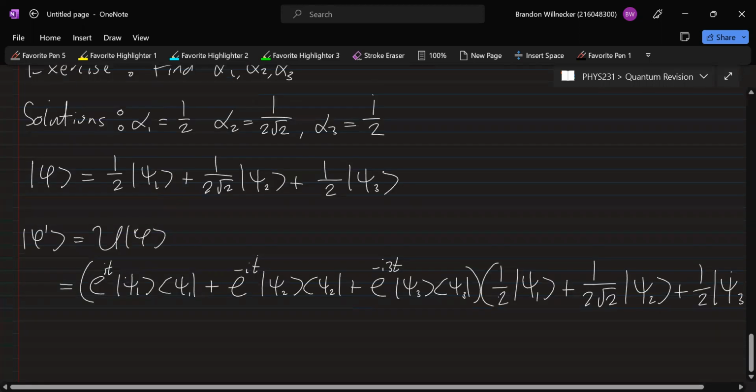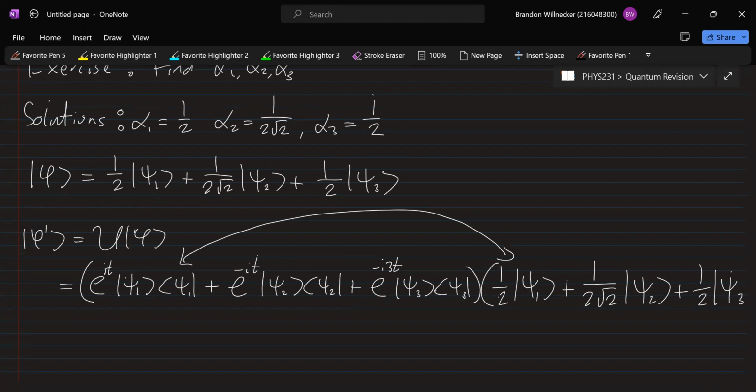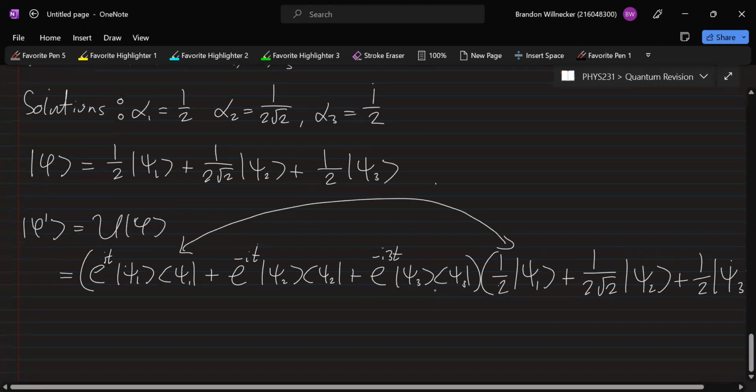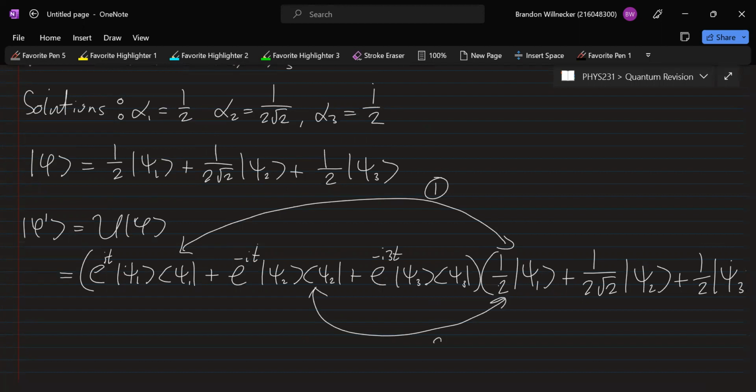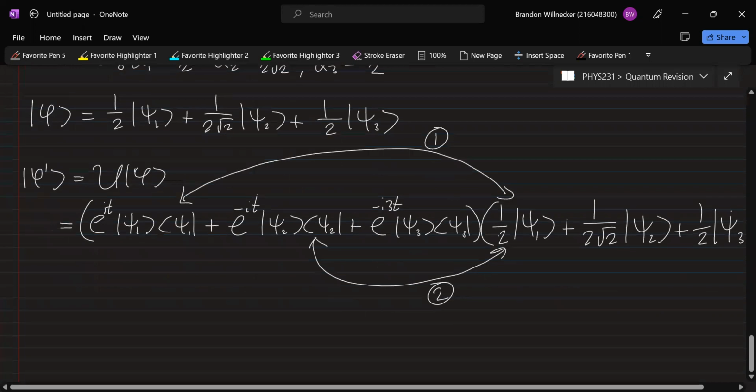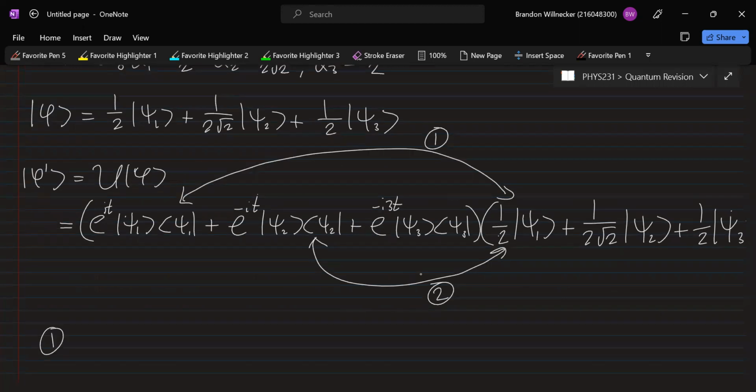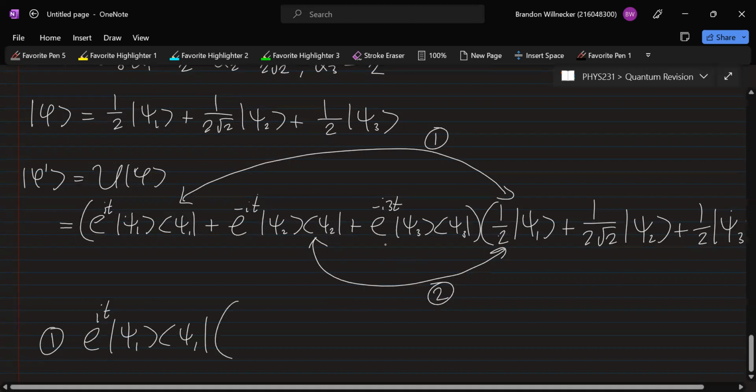As a couple of examples with some of the terms, multiplying this term onto this term, let's call that 1. And then multiplying this term onto this term, let's call that 2. And then you do the same thing for all the other terms. So for 1, this will end up being e to the RT |psi 1><psi 1| times 1/2 psi 1.